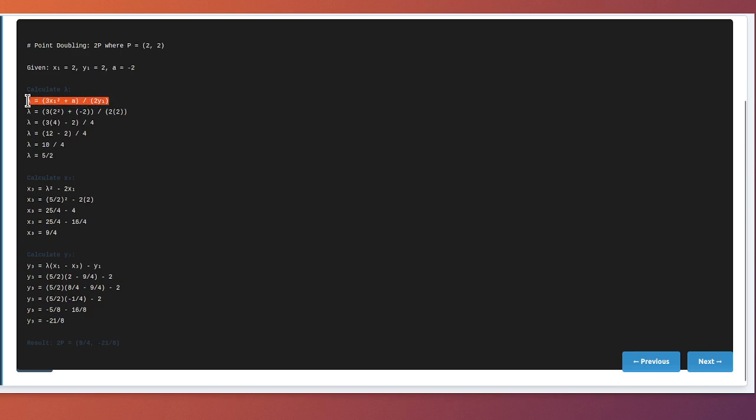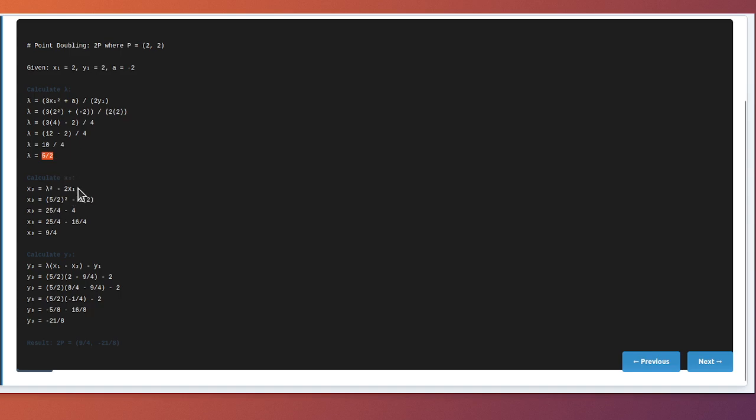For doubling, lambda equals (3x1 squared plus a) divided by 2y1, with x1 equals 2, y1 equals 2, and a equals negative 2. Numerator equals 3 times 2 squared plus negative 2 equals 3 times 4 minus 2 equals 12 minus 2 equals 10. Denominator equals 2 times 2 equals 4. So lambda equals 10 divided by 4 equals 5/2.